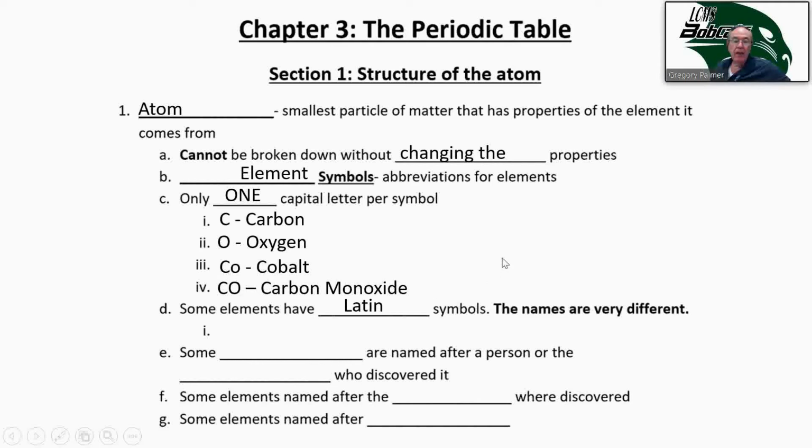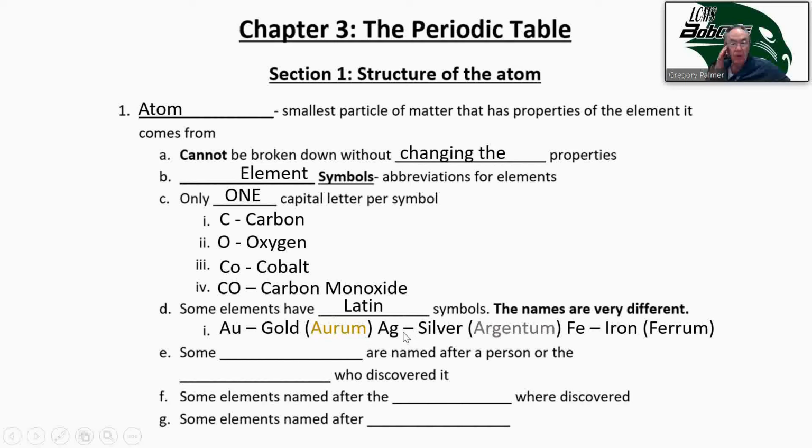If you look at the periodic table, you'll notice that some of the elements have Latin symbols. The way you can tell is that the names are very different from the symbol. For example, Au stands for gold. That's not the first letter or 2 of gold. The Latin word for gold is aurum.